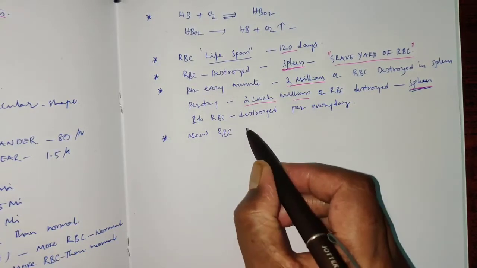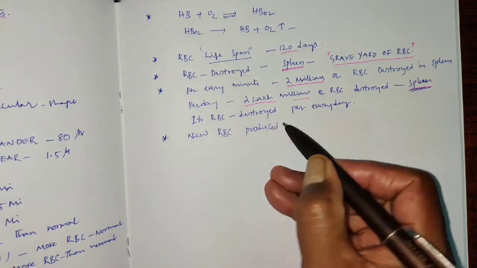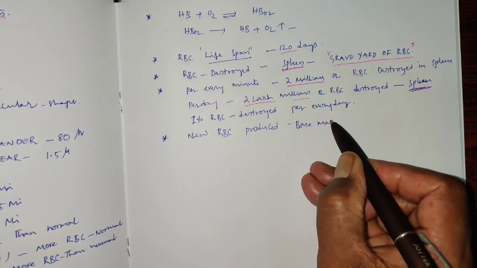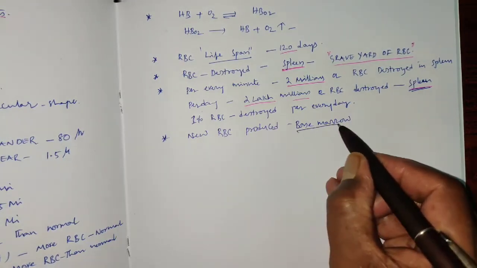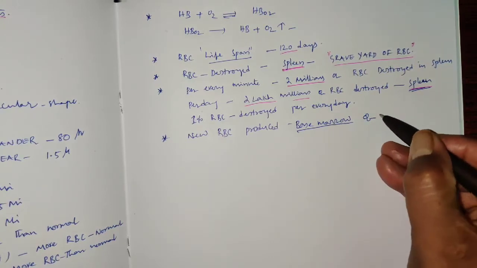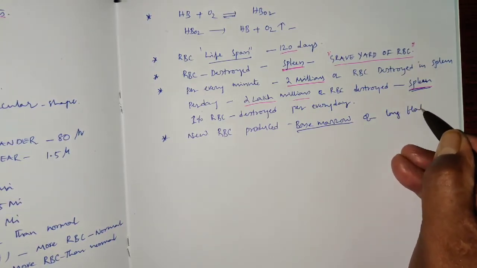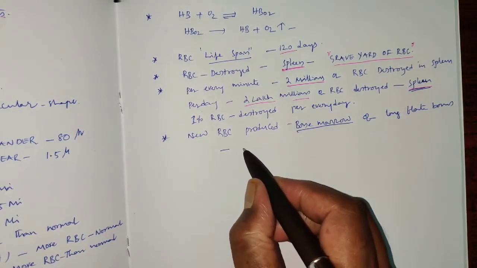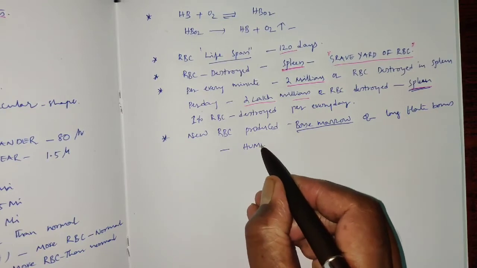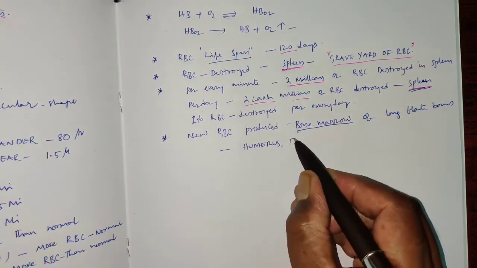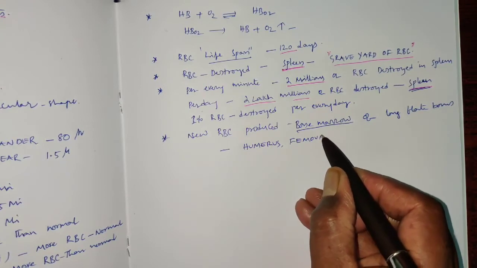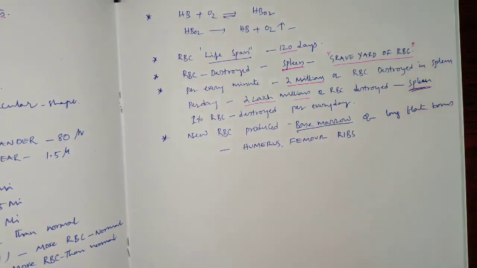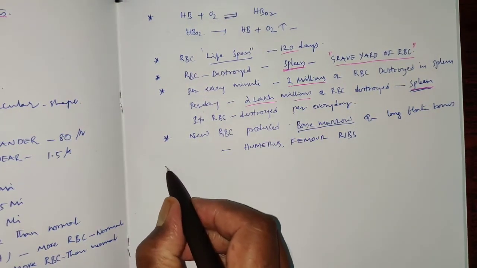New red blood cells are produced from the bone marrow of long flat bones like the humerus, femur, ribs, and so on.